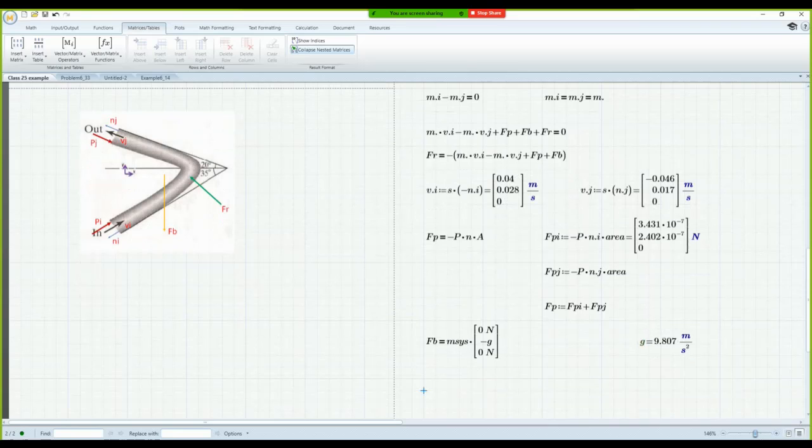That's a constant in MathCAD. All right, so here is the body force, the mass of the system times this vector for the gravity.